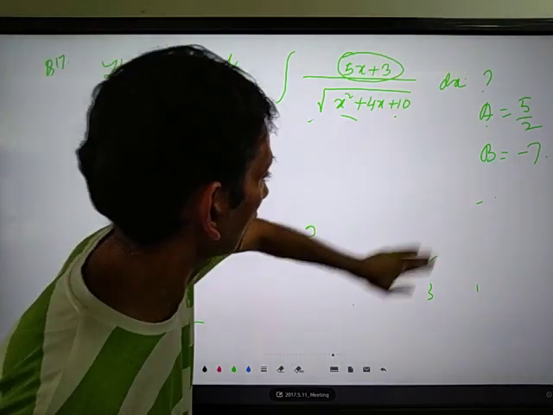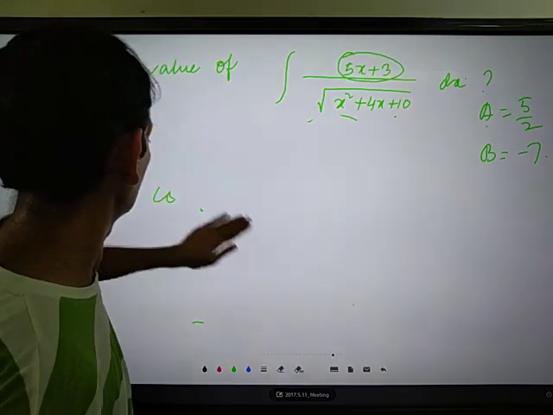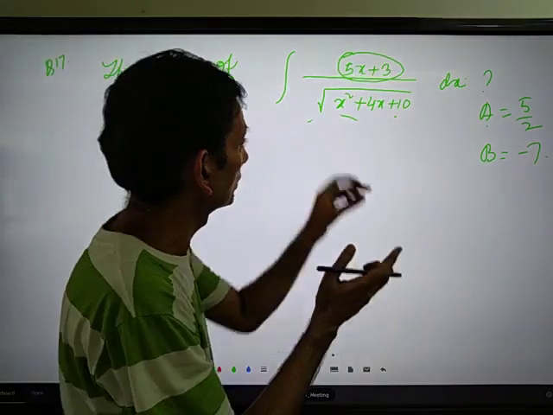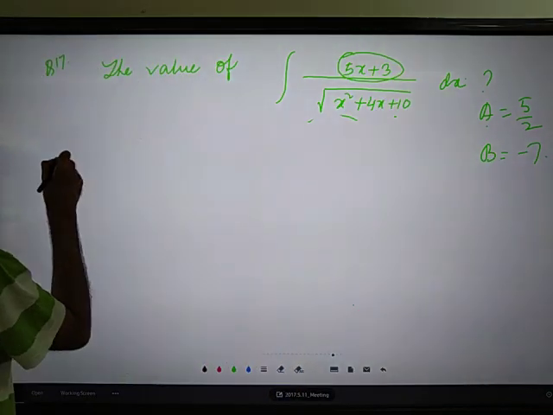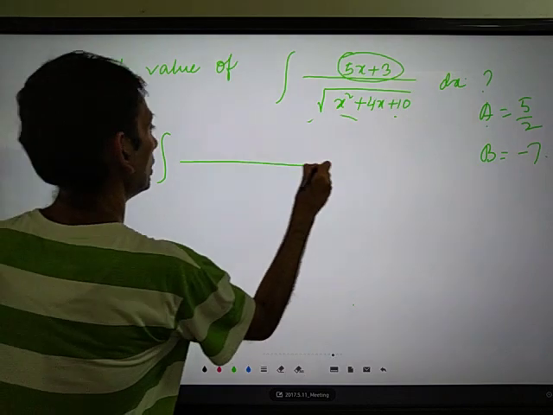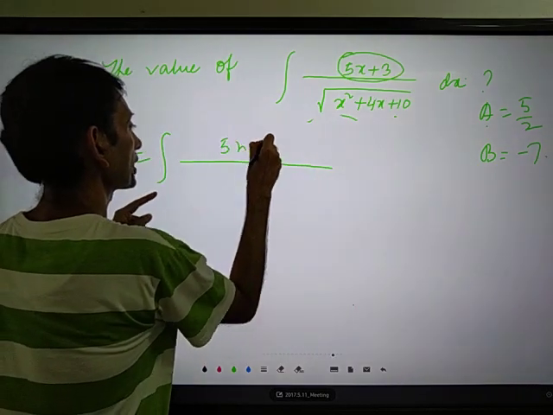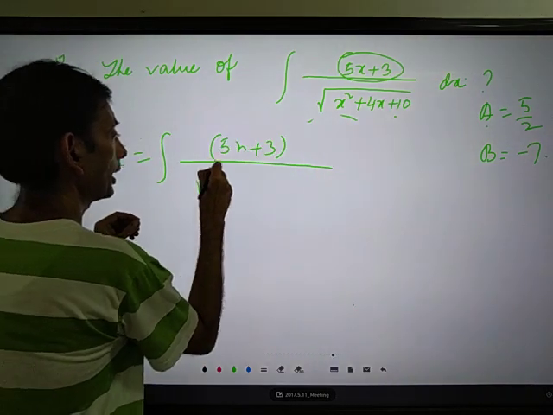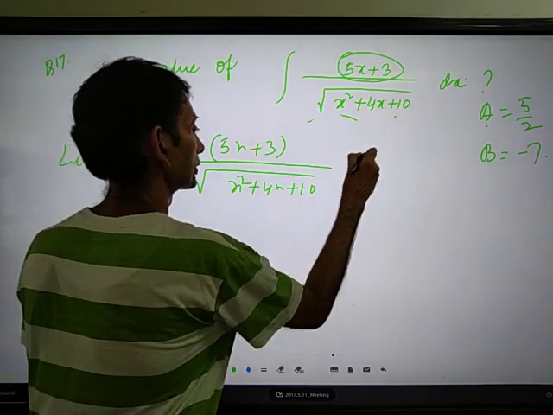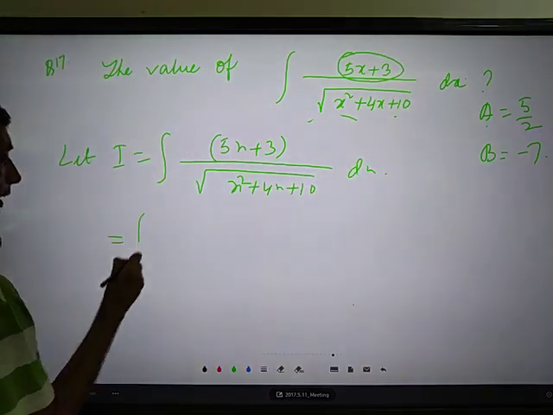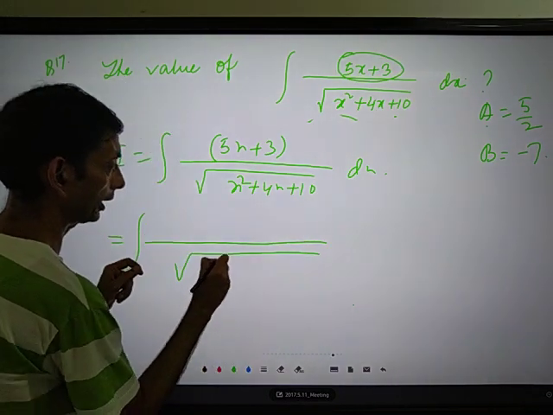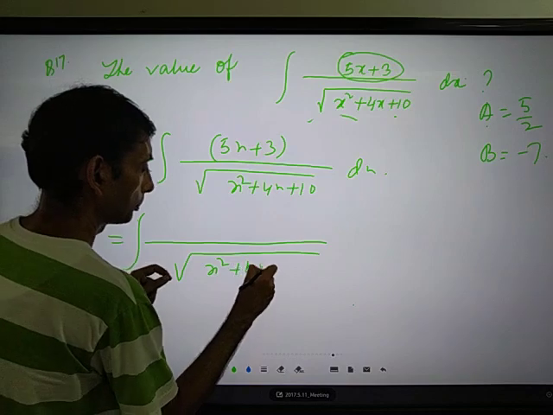We're just trying to manipulate the numerator, because this manipulation will help us to solve these integrations. Let I be equal to the integral of 5x plus 3 over the square root of x squared plus 4x plus 10 dx. Next, we're not going to change anything in the denominator, x squared plus 4x plus 10.